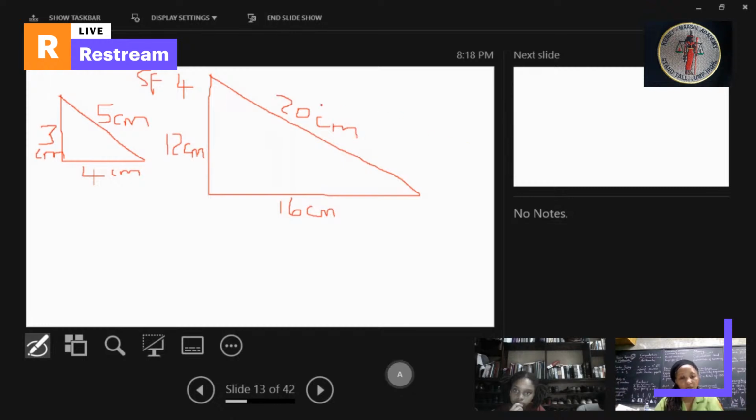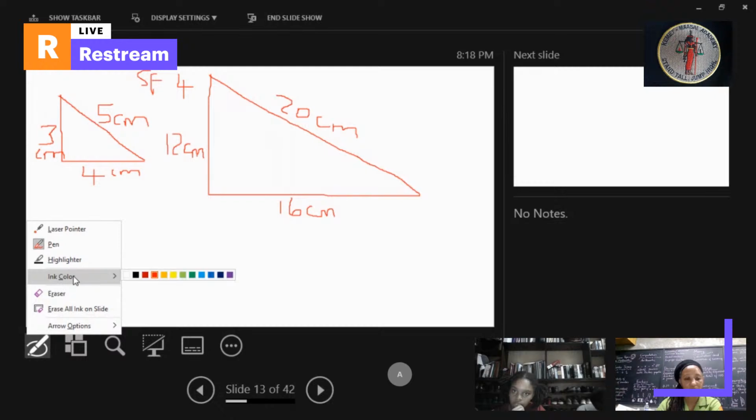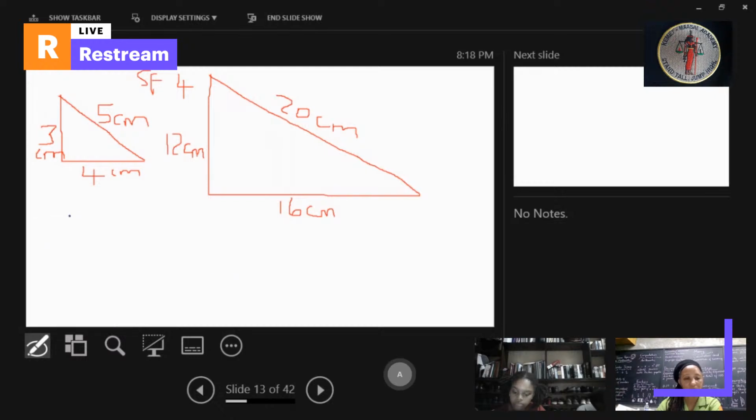All right, so what will be the area of the small one? Half times 4 times 3. So half of 4 times 3, and that gives what? 2 times 3 gives 6. So the area is 6 centimeters squared.